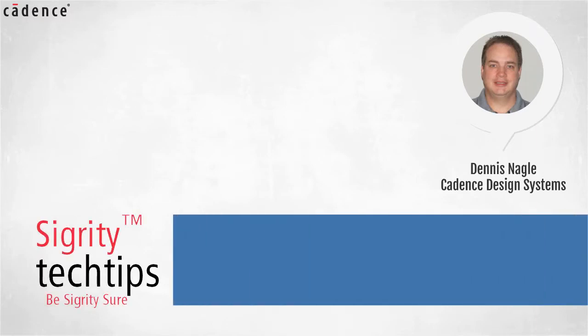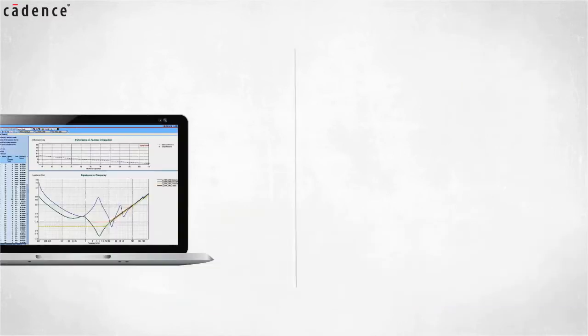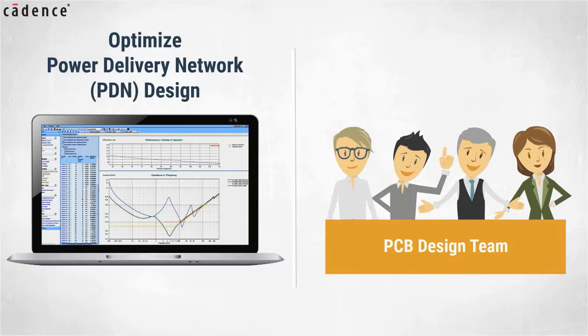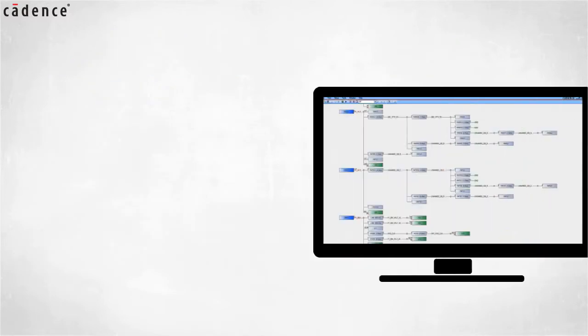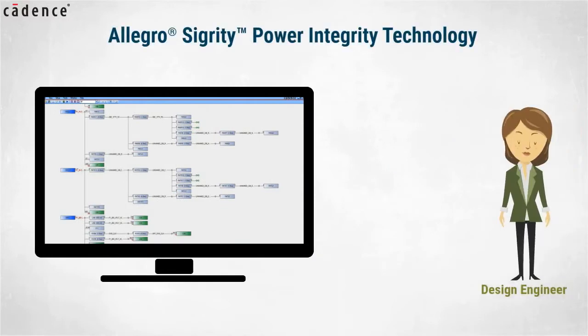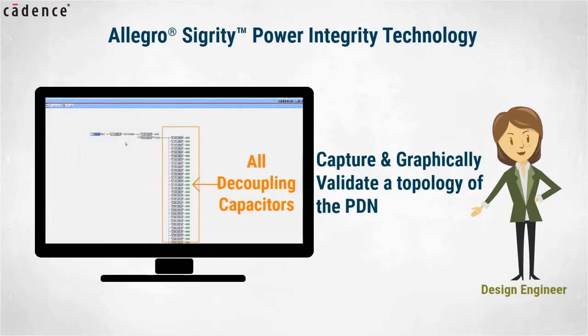Today we bring you another installment of how to sign off on your power delivery network design. Our video today will show you how PCB design teams can optimize the power delivery network design earlier in the design cycle. Utilizing Allegro Sigrity Power Integrity technology, design engineers can capture and graphically validate a topology of the PDN, including all decoupling capacitors.